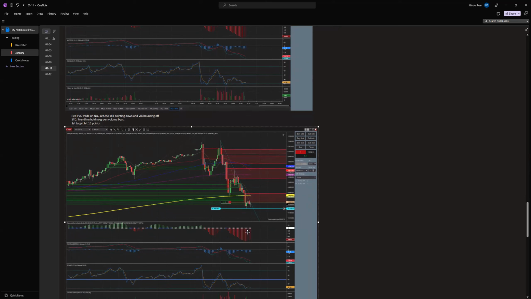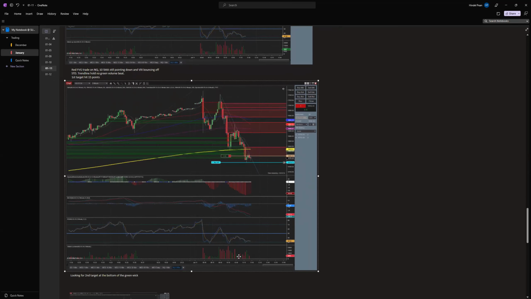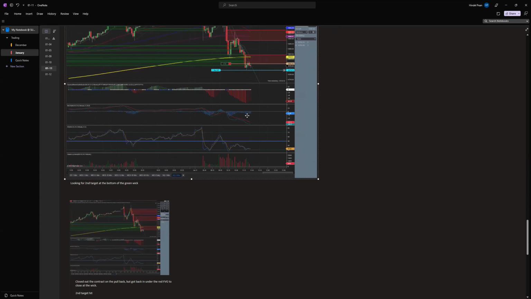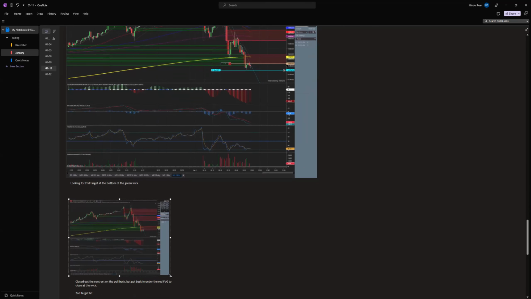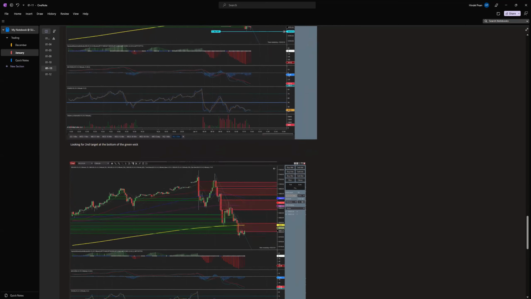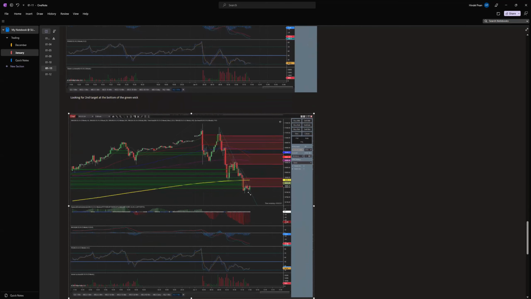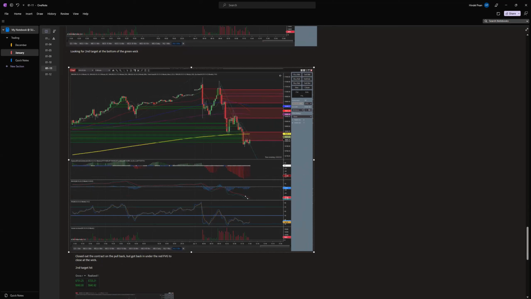There were no green volume bars at all on this trade from the bottom over here. And that's what caught me, because when I saw this one, there was another fair value gap. I was able to hit my second target. And that's where I closed out and I was good.